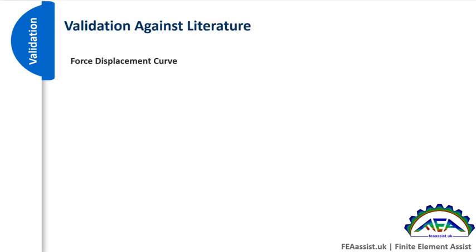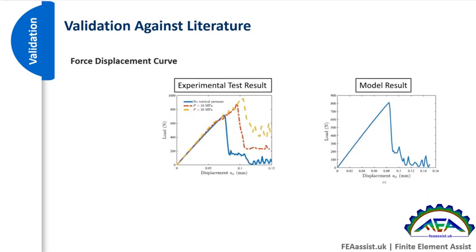Validation in phase field fracture is done by force displacement curve. As you can see here, the modeling results at the right are in good agreement with the experimental test results at the left, which confirms the correctness and robustness of the Abaqus implementation.